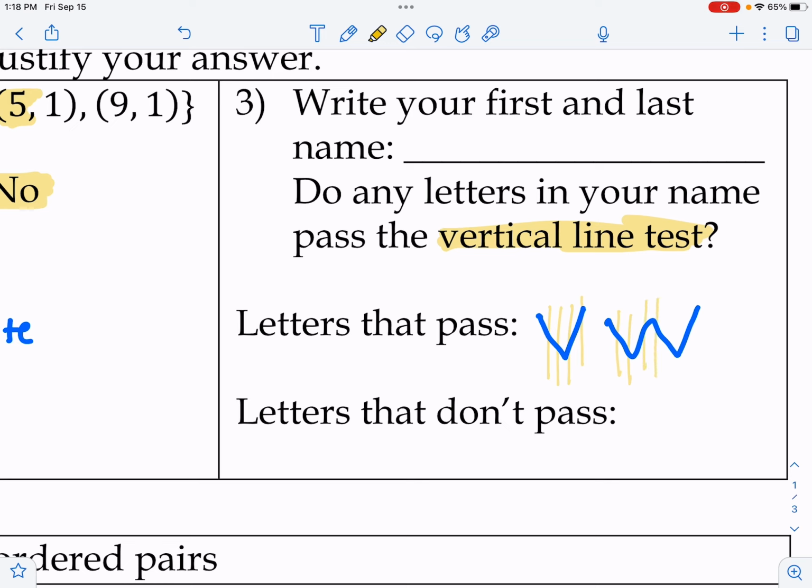Okay, so each of these would pass. You could also make the M pass if you do it slanted enough. Same with N. You could also make U pass.